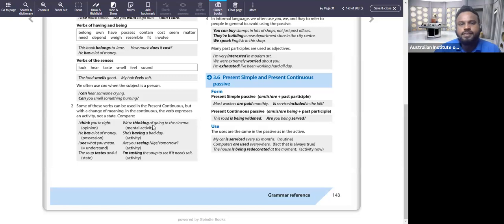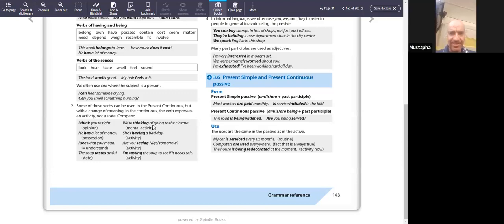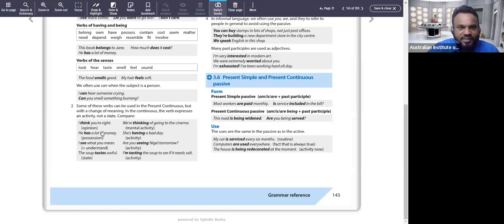We're just going through this because we'll be learning this grammar inductively from our regular lessons. So nothing to worry about. We don't have to memorize them right away. This is our direct methodology. All right.